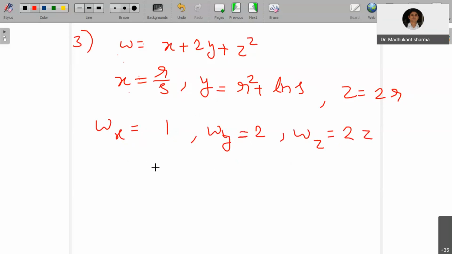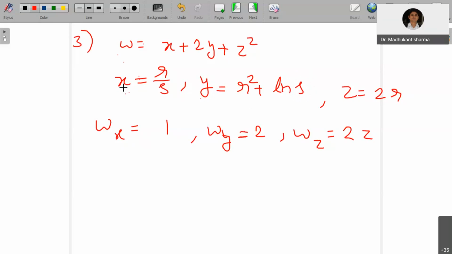So they are nice functions, right? They are continuous. Now, x, y, and z. For z, there is no problem. They are differentiable. What about y? y is also differentiable as long as you do not consider s equals 0 or negative values of s.